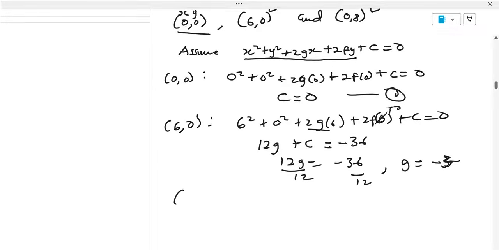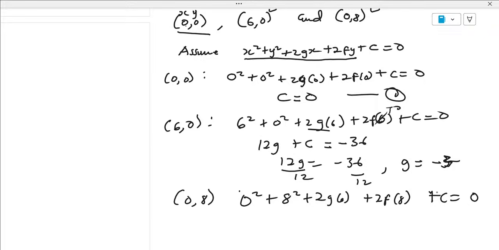Now the last point is (0, 8). So wherever we see x, we put 0, and wherever we see y, we put 8. So we'll have 0 squared plus 8 squared plus 2j(0) plus 2f(8) plus c is equal to 0.